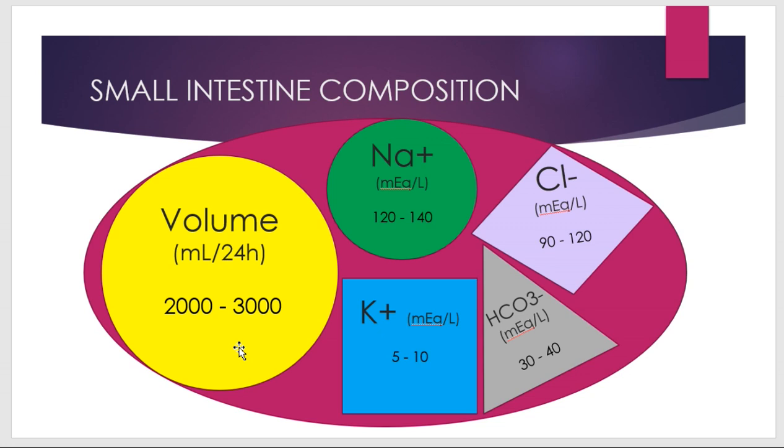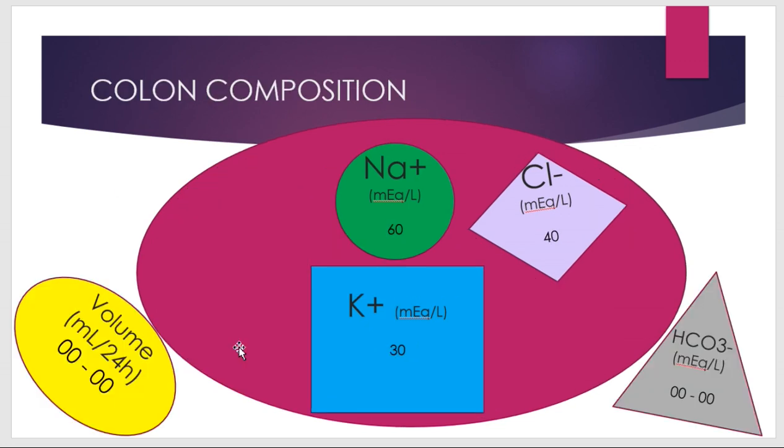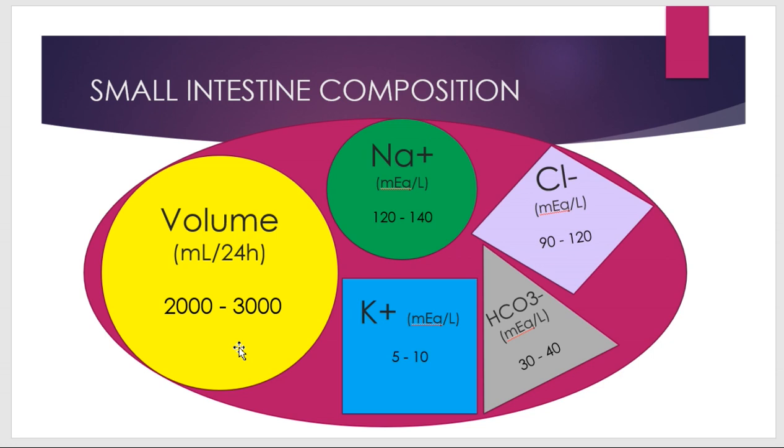So it's very easy to remember that gastric secretions have more, and colonic secretions have more, almost the same composition regarding the potassium values, whereas the bile, pancreatic and small intestinal secretions have less potassium.